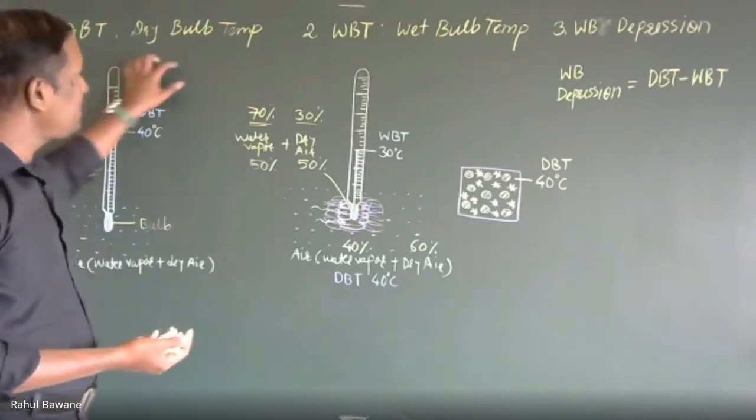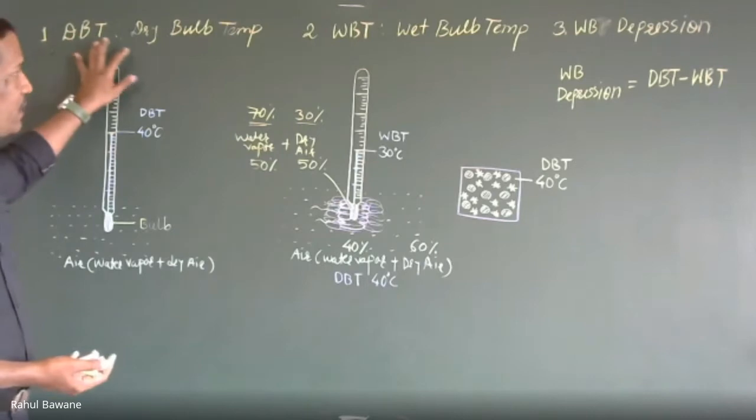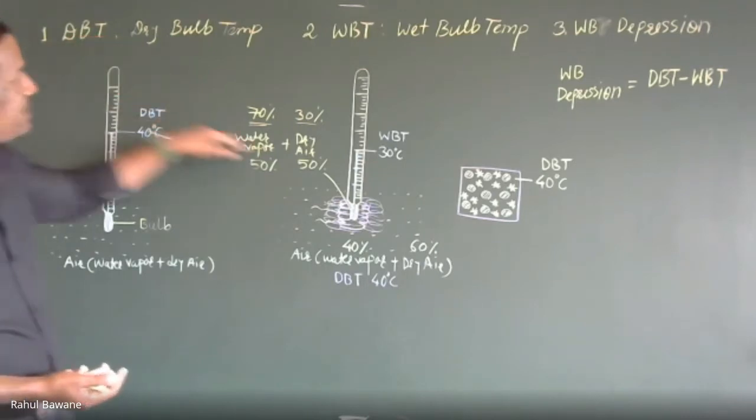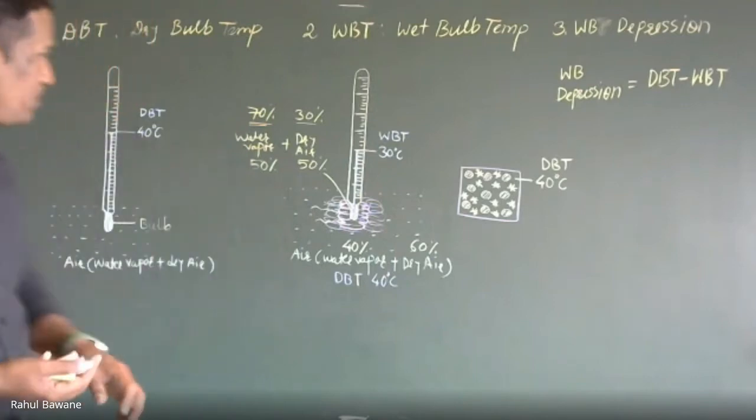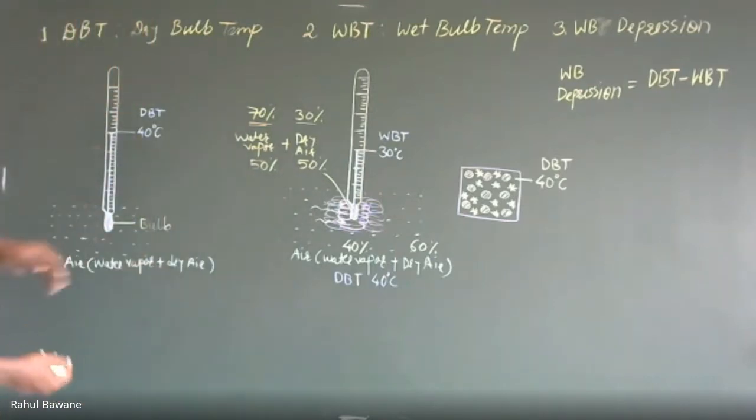So these three terms are very important. We have to use the dBT, Wbt when we are plotting any process on the psychrometric chart. Next term is relative humidity.